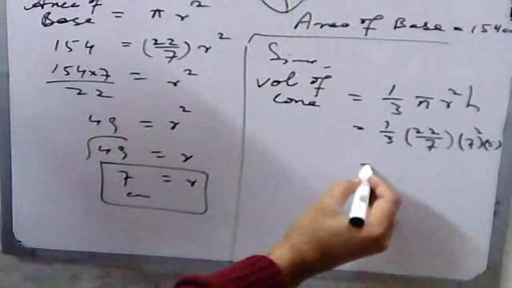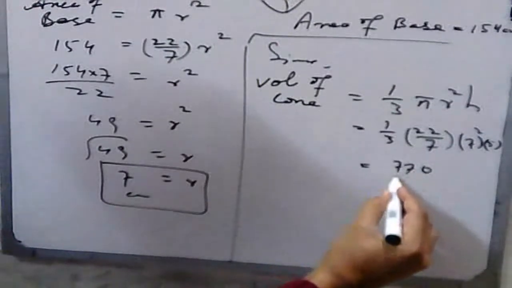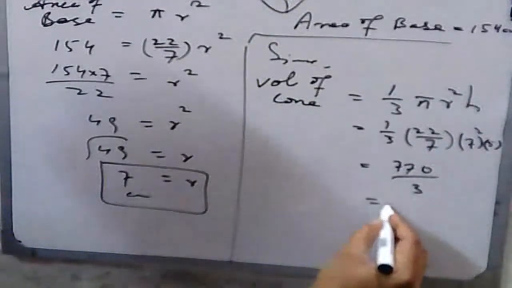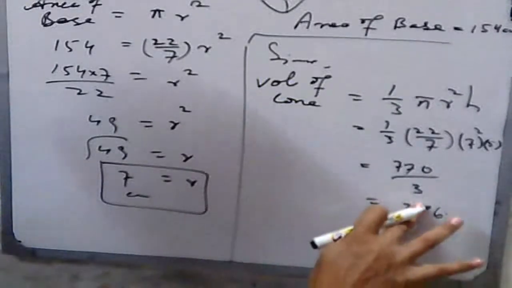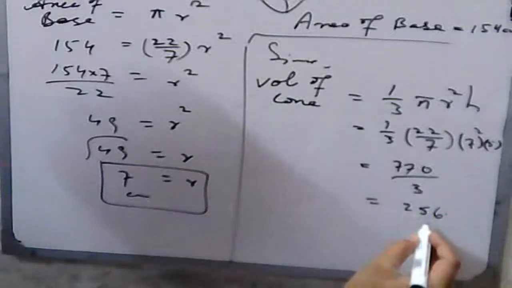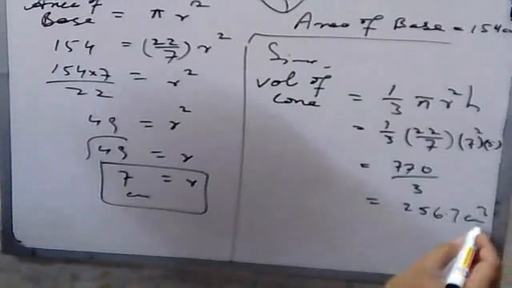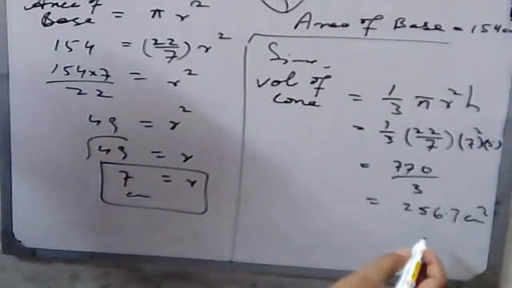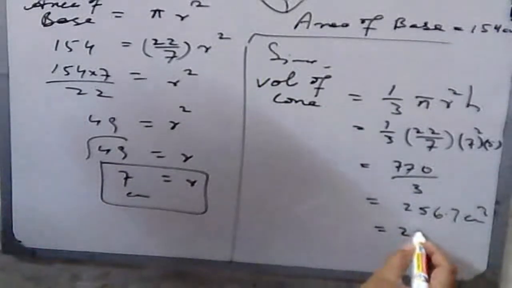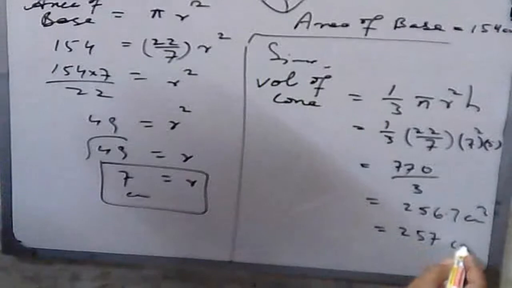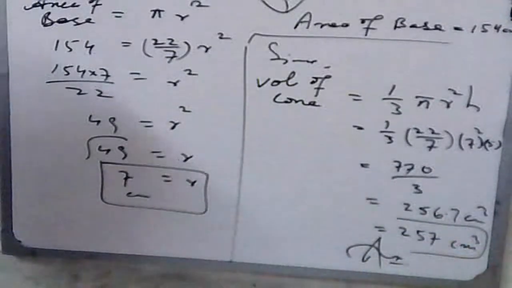After simplification it will give you 256.7 centimeter cube. If I round it, after rounding, 257 centimeter cube is your required result.